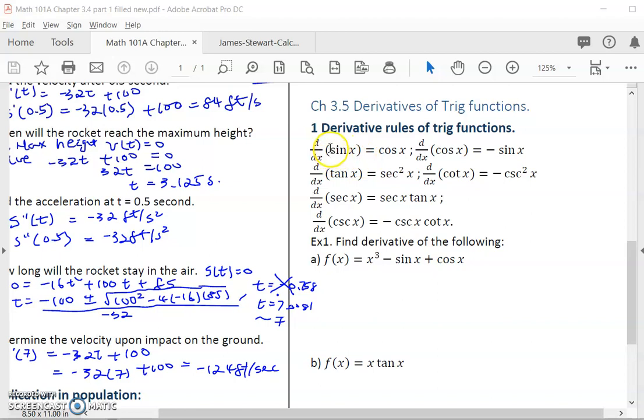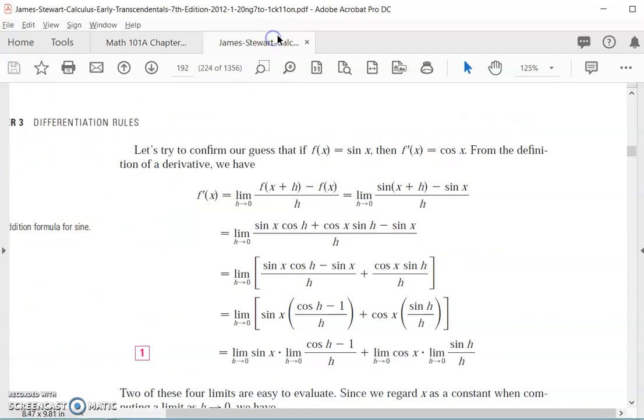The basic one is sine x. If you do a derivative of sine x, the rule says that it's equal to cosine x. But how? Okay, so I'm going to show you a book from James Stewart that shows us how to prove, using the limit definition, that the derivative of sine x becomes cosine x.